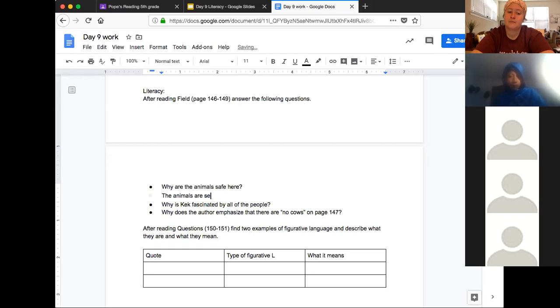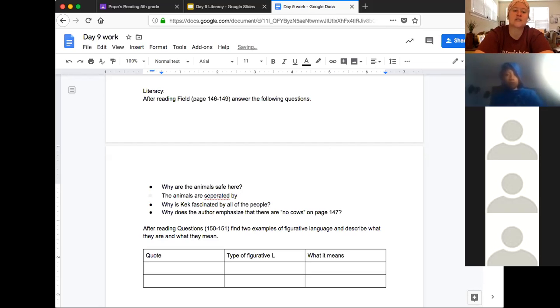They can't get out, and they're separated. So all the zebras are with zebras. All the rhinos are with rhinos. All the llamas are with llamas. So they're with their same type of family, and then they're in a secure structure. So the animals are separated and they can't get out. So they don't have to worry about prey versus predator or food chains. They're just safe in one little home.